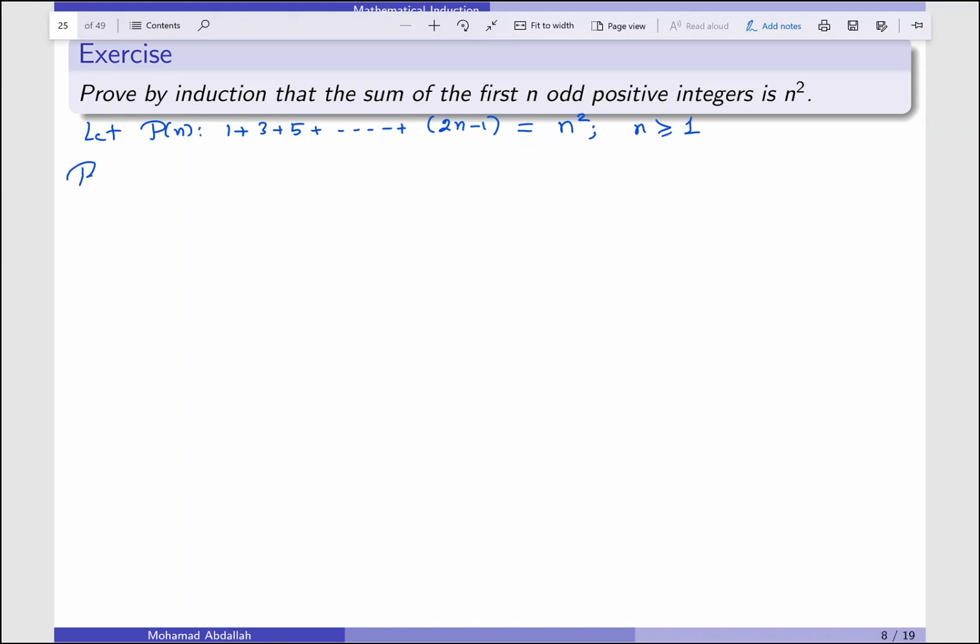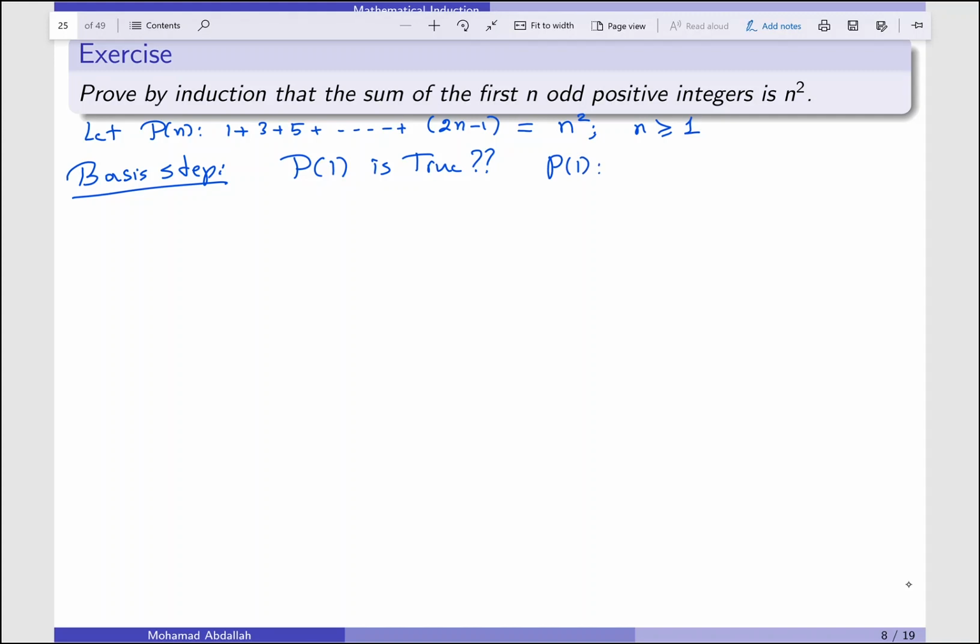So, starting with the basis step. The basis step is P of 1 is true. So I need to show that P of 1 is true. Is this true? Again, as I said, usually this is very simple. If I want to show that P of 1 is true, then let's write what P of 1 is.